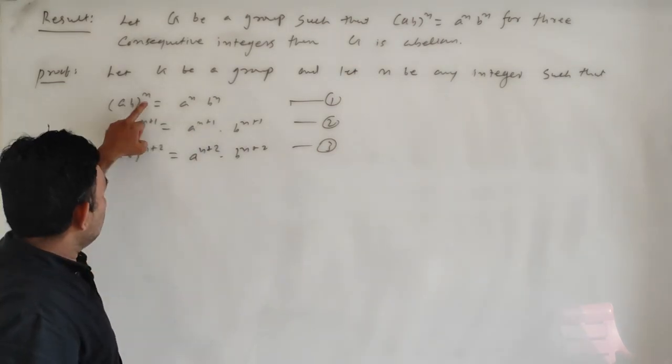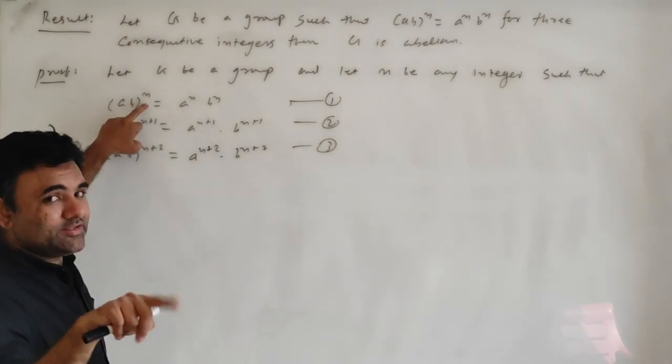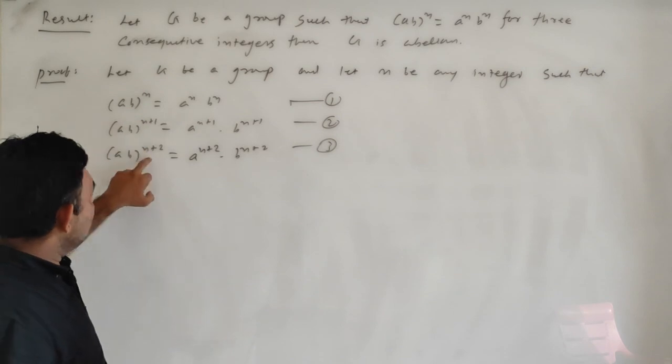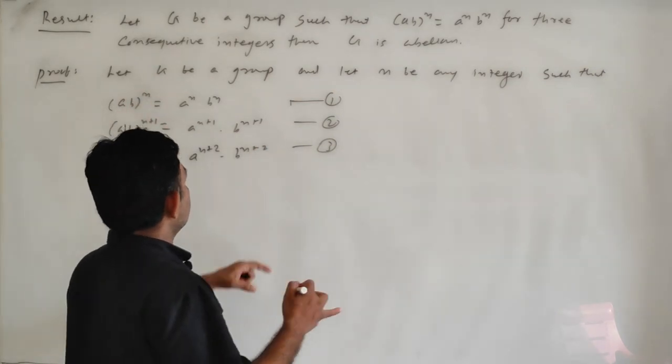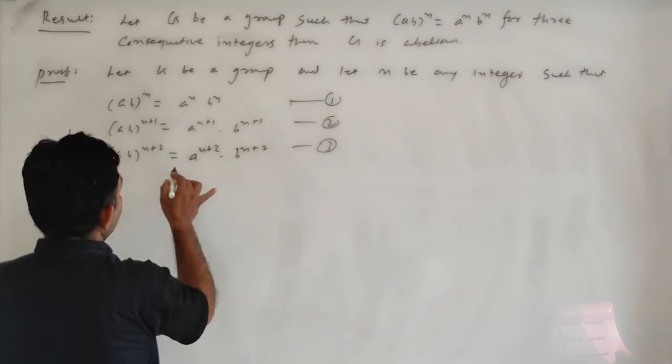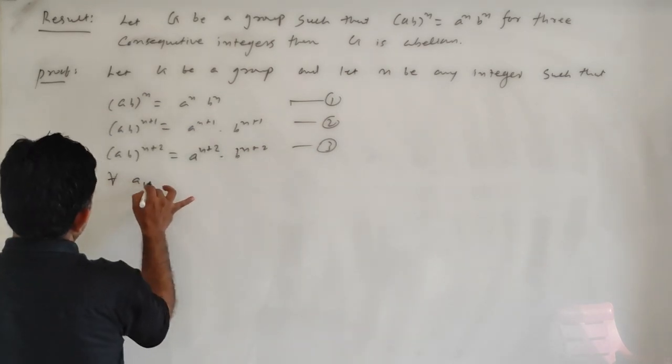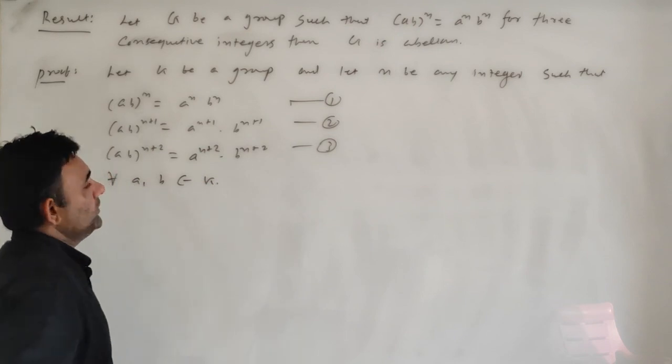So for 3 consecutive integers, n, then the next integer is n+1, and the next integer is n+2, and n is any integer, and this is true for all a, b belonging to G.